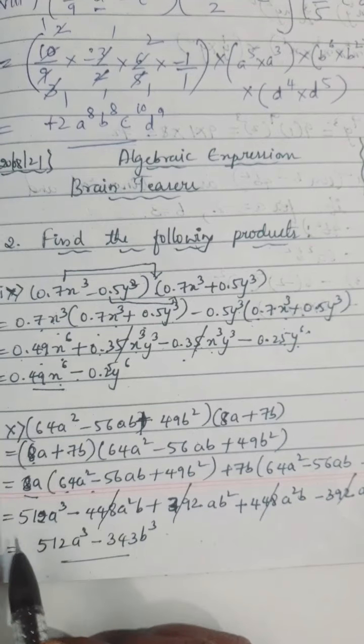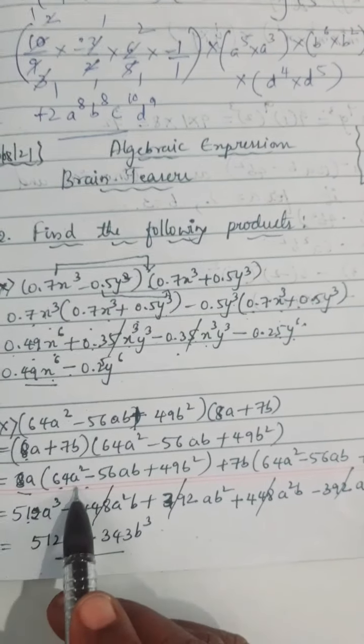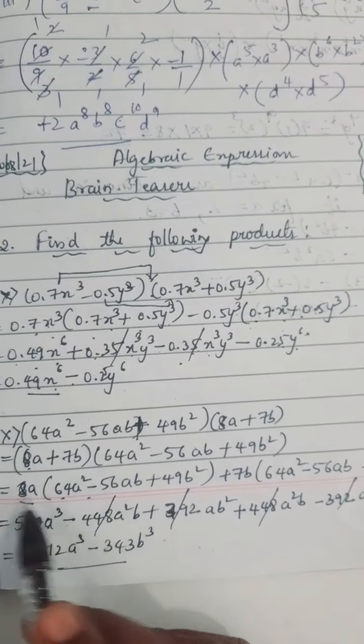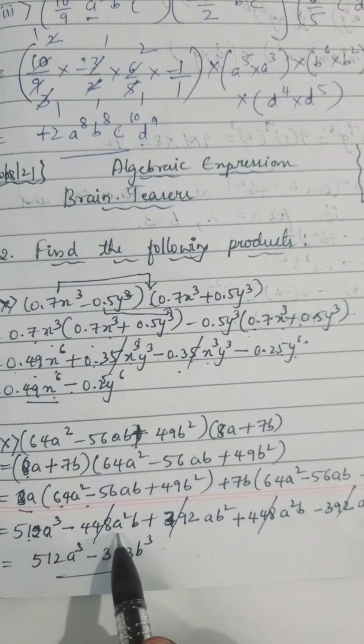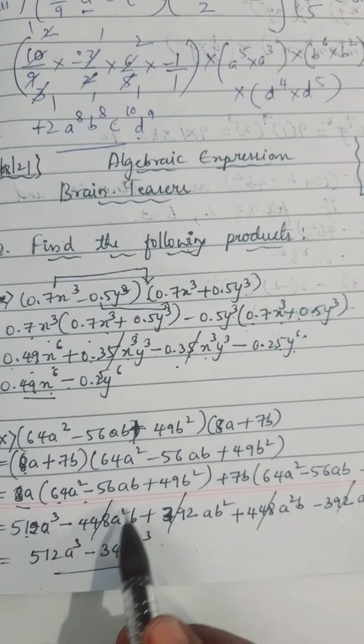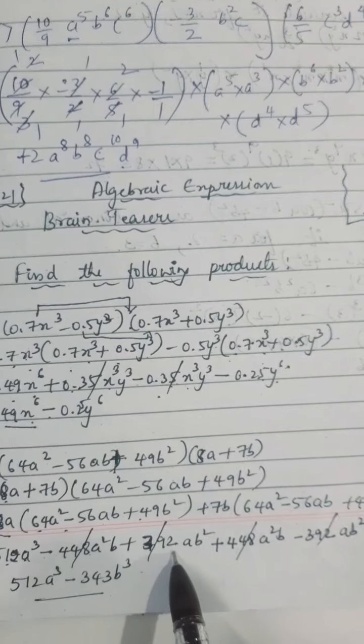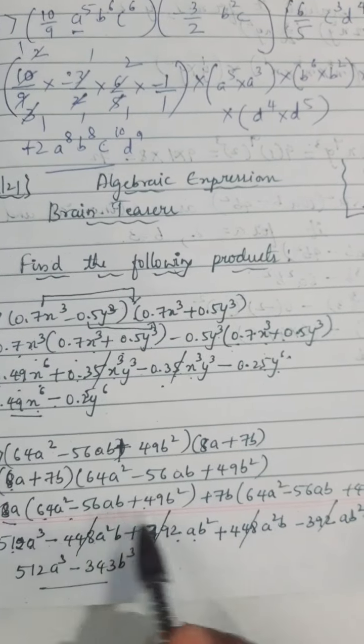64 into 8 is 512, a into a square is a cube, minus 56 into 8 is 448, a into a square b as it is, plus 49 into 8 is 392 a b square.